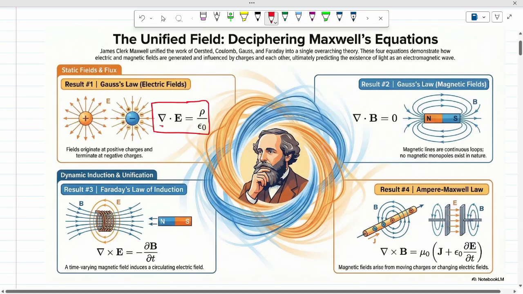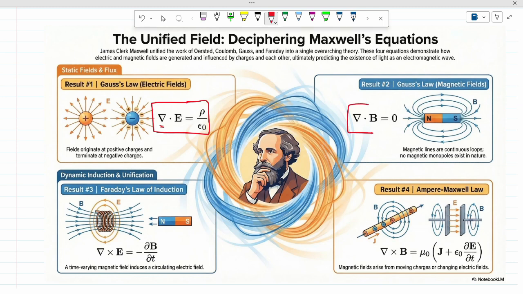You can just look at the shapes of these mathematical operators. And there's a law involving the magnetic field that looks like this. And you might notice that they look quite similar. Now, with the magnetic field, on the right-hand side, you have 0, but that's explained by the fact that there is no magnetic monopole. There's no magnetic charge.